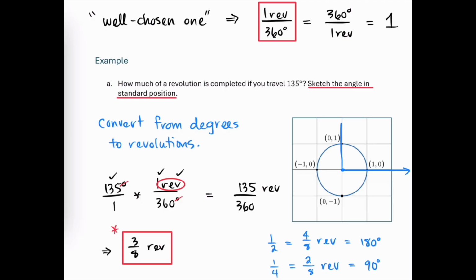So if our terminal side is here for 2/8 of a revolution, and out here at the straight line for 4/8 of the revolution, and I'm going to redraw the answer angle to be in black now, 3/8 of a revolution is going to be halfway in between these. So essentially splitting this second quadrant in half. So this is our angle that was 135 degrees, but also 3/8 of 1 revolution.